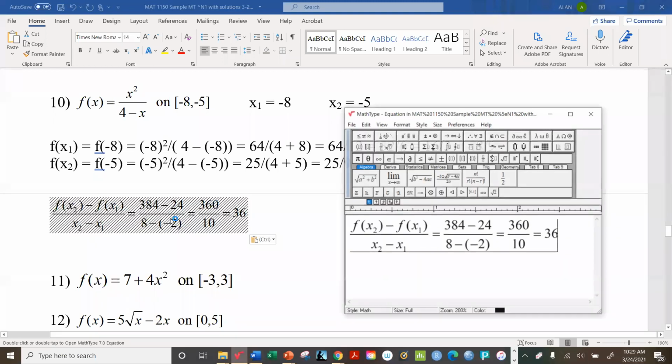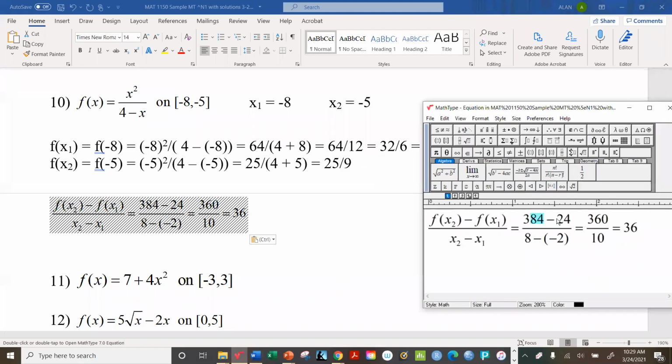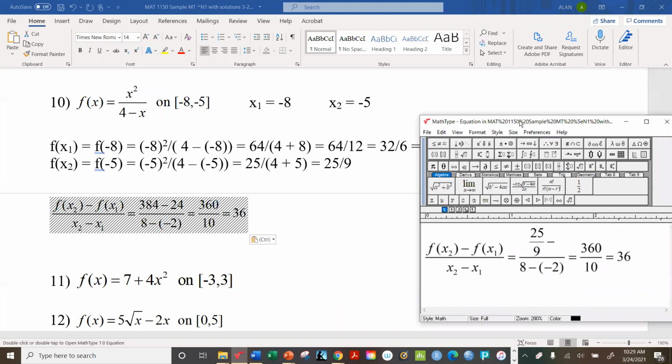Let's try this one. We've got, this is a mess, 25 ninths minus 48 ninths.